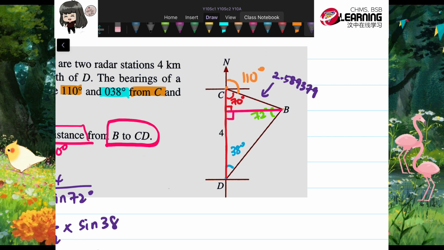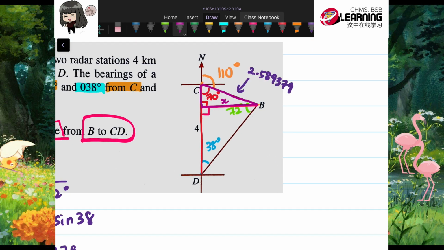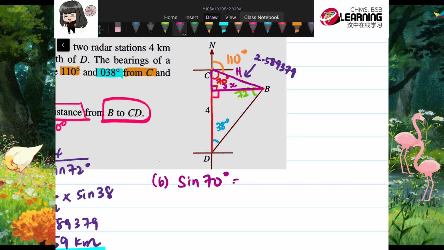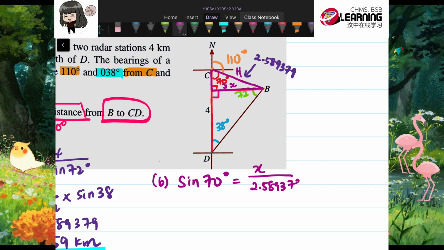I will put it as X. This is a 90 degree triangle, so we can use SOHCAHTOA. We have 70 degree, this is my opposite, and this is my hypotenuse. So part B, we will use SOH: sine 70 degree equals X over 2.589379.